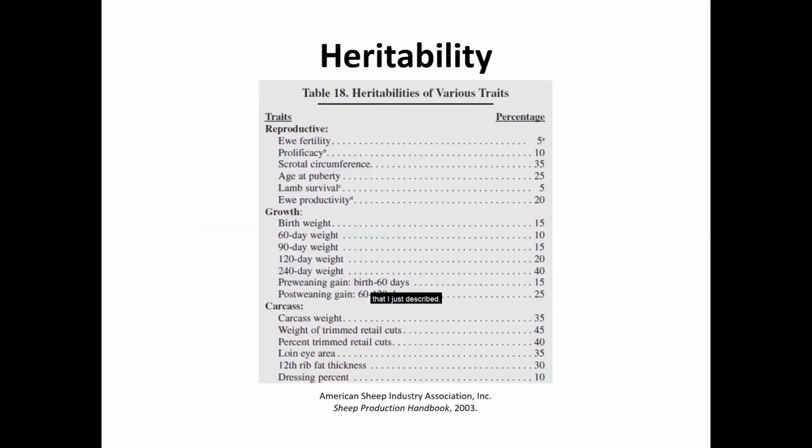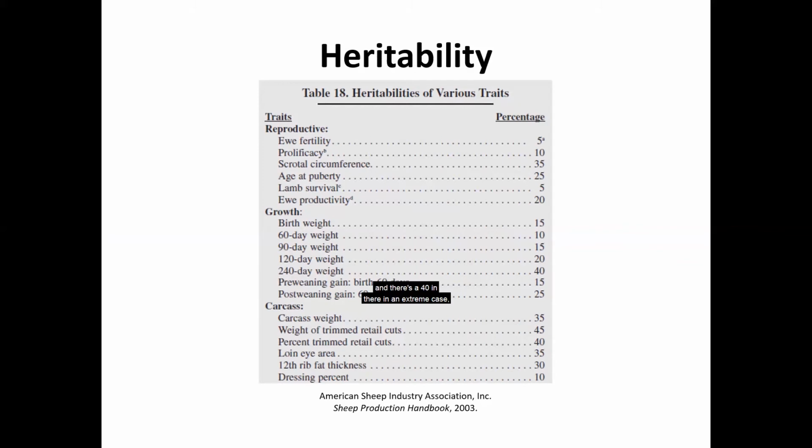Okay, so, a lot of numbers here, and I want to point you to the general groups that I just described. In general, reproductive traits, probably the most important, ewe fertility and prolificacy, or the number of lambs, are roughly 5 to 10% heritable. 5 to 10% of what we see is attributable to genetics that are passed from one generation to the next.